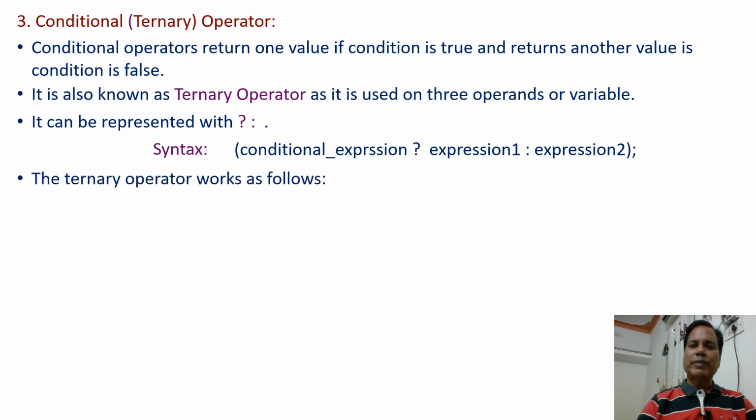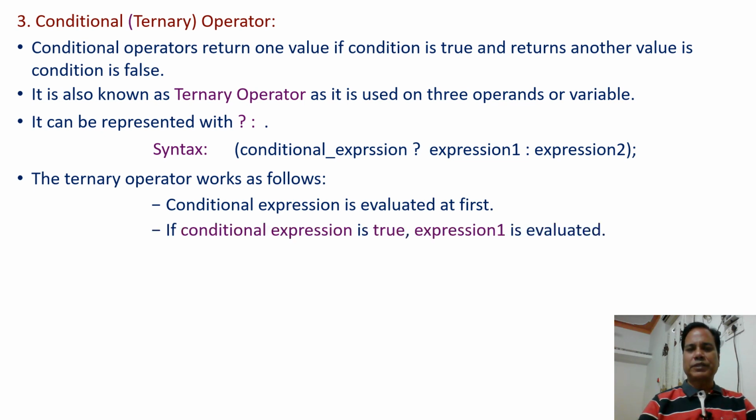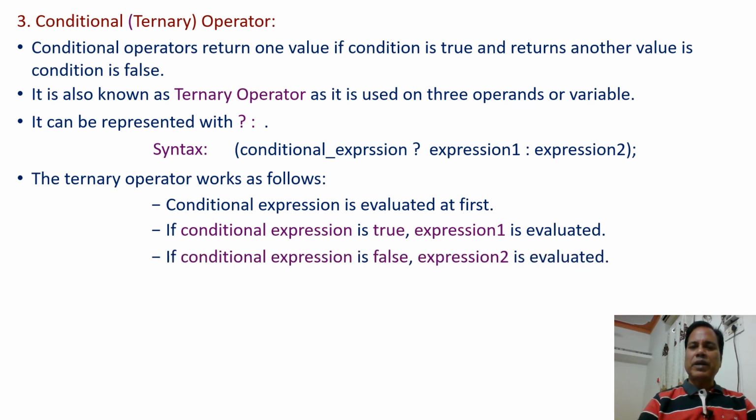The ternary operator works as follows. The working of the ternary operator is explained now. The conditional expression is evaluated first. If the conditional expression is true, expression 1 is evaluated. If the conditional expression is false, expression 2 is evaluated.